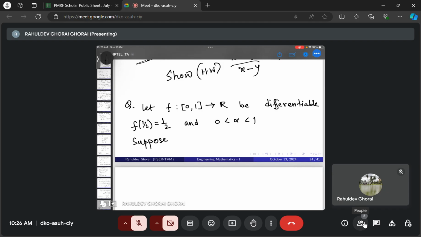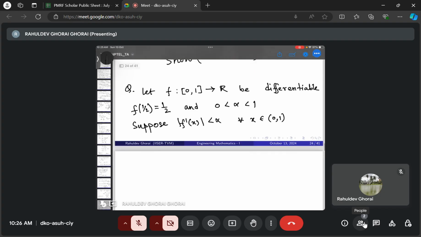Suppose that modulus of f prime (x) is less than alpha for all x belongs to (0, 1). Then show that modulus of f(x) will be strictly less than 1 for all x in (0, 1).